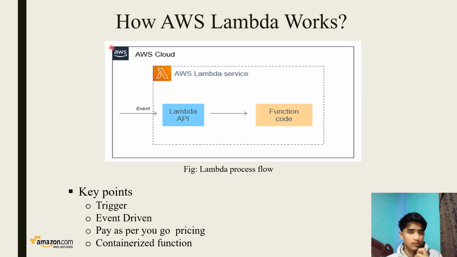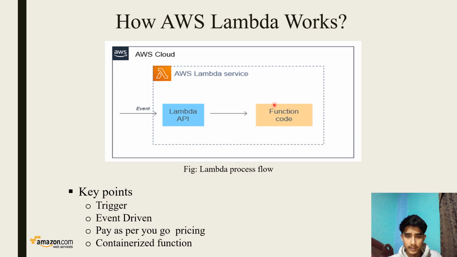Now let's see how Lambda actually works. As I mentioned earlier, Lambda is a completely event-driven method, meaning it only acts on certain events like an API call or file upload. Here, as you can see in the figure, Lambda is being triggered by an event, then a code or function is executed. Every Lambda function contains its own container. Think of this like every Lambda function standing alone as a Docker container.